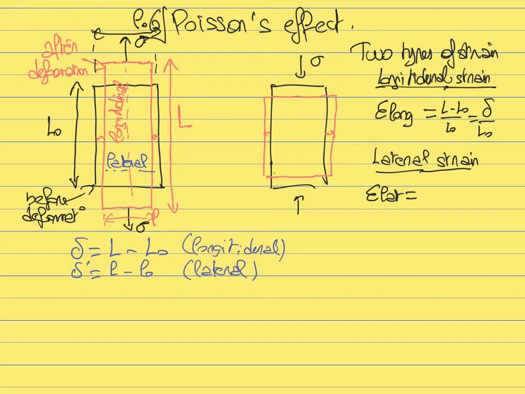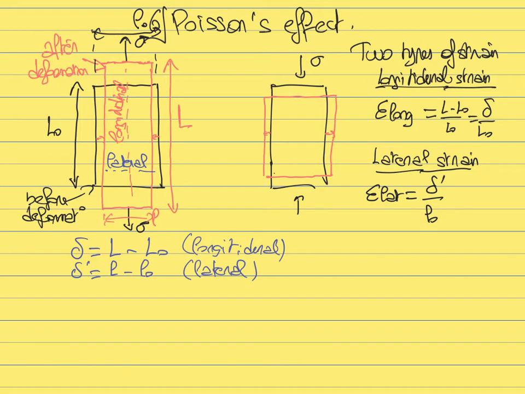And in this case, based on this, you can also define the lateral strain as the change in the lateral dimension, delta prime, divided by the initial lateral length of the material. So you applied exactly the same definition to define the strain.